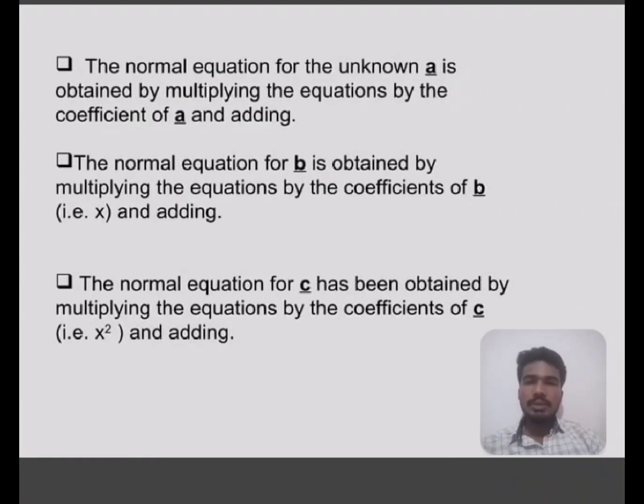The normal equation for the unknown a is obtained by multiplying the equations by the coefficient of a and adding. The normal equation for b is obtained by multiplying the equations by the coefficients of b and adding. The normal equation for c is obtained by multiplying the equations by the coefficients of c and adding.